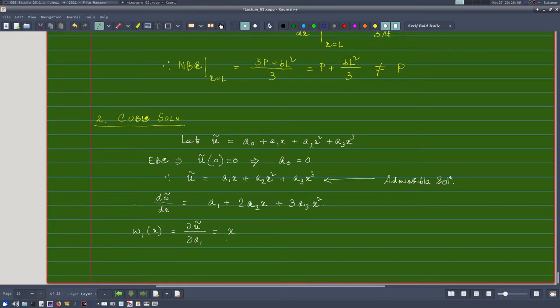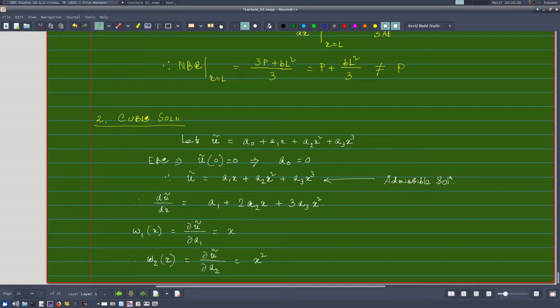So W1 is x. Similarly, W2(x) is del u tilde del a2, and that will be x square.